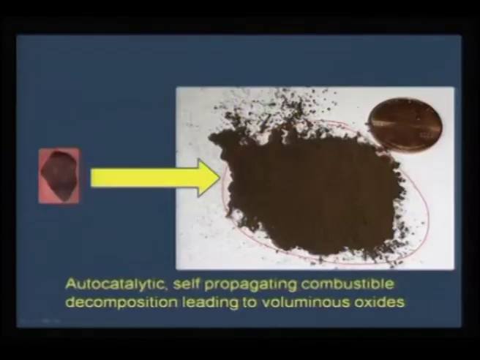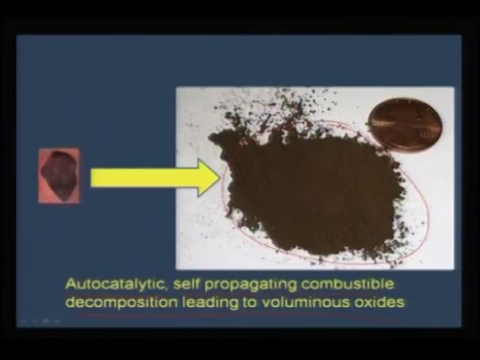But what happens here is there is an autocatalytic and self-propagating combustible decomposition which leads to a voluminous oxide. That is the beauty of these hydrogen carboxylate precursors, but this may not be the true story when you look at simple precursors like nitrates, carbonates, sulfates or acetate precursors. They would not actually give you such a voluminous compound.